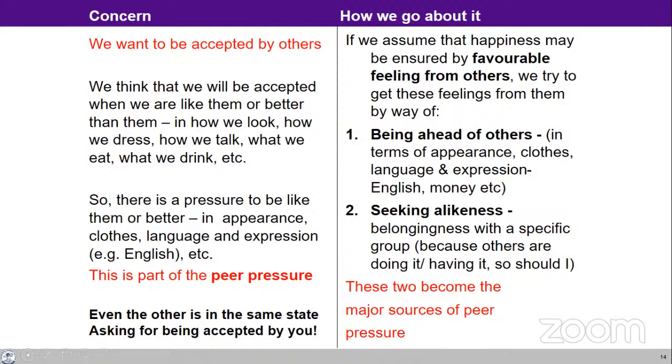So how do we go about it? Usually, if we assume that happiness may be ensured by favorable feelings from others, we are not able to see the true meaning of happiness. We are assuming that we will be happy when we get these favorable feelings from others. We try to get these feelings from them by way of being ahead of others.